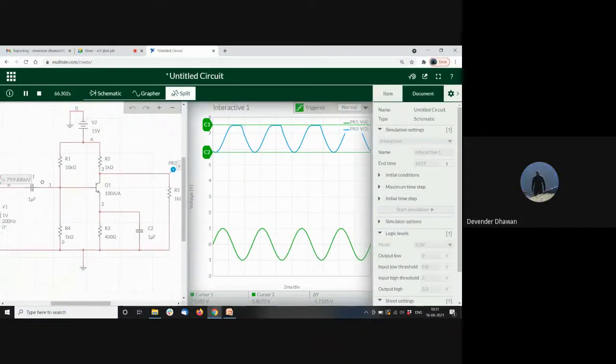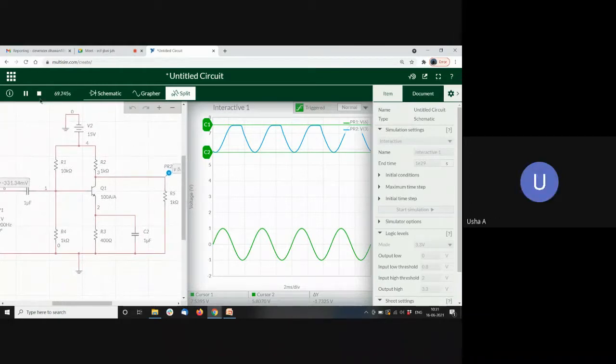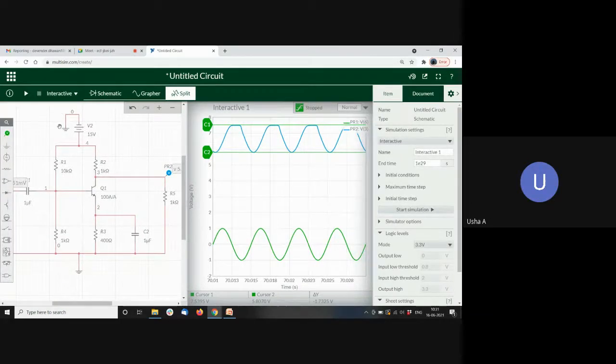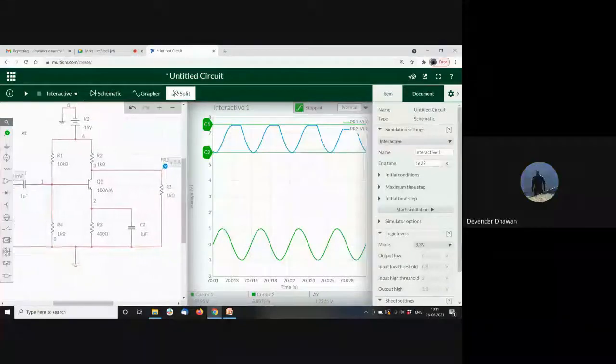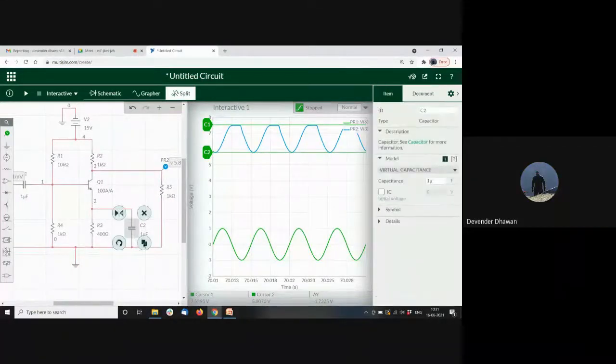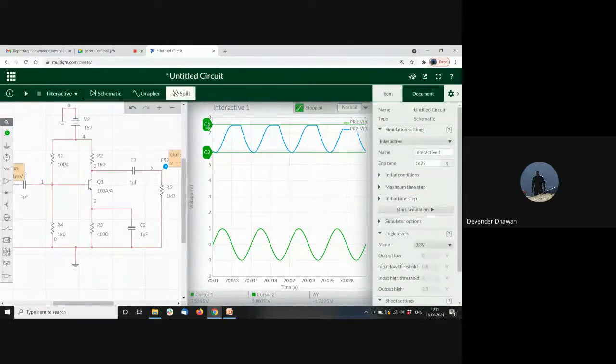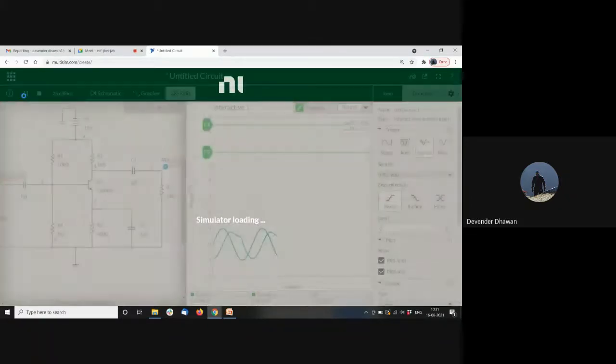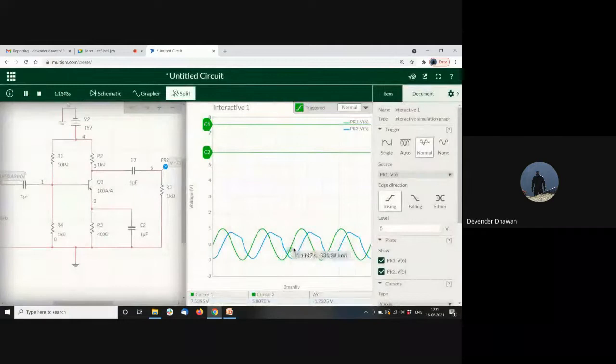We have to make some changes. Change R1 and R4, there should be some proportion. Yes, ma'am. Even R1 and R4, and I guess maybe we can put in one capacitor here also, so that this DC level can be reduced. So here you can see we are getting some better results now.